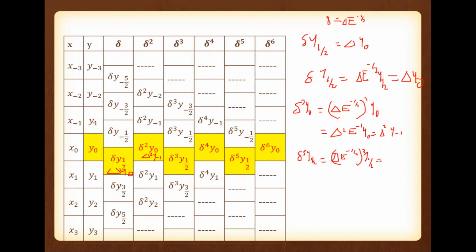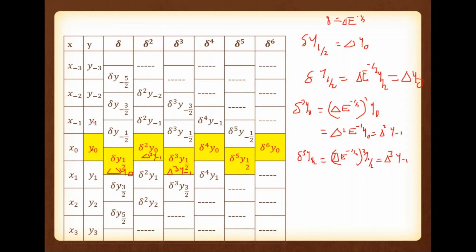So if you are solving this, this one is delta cube, then now this one will become e raised to minus 3 by 2, this is 1 by 2. So e raised to minus 2 by 2, that is y minus 1. So this is delta cube y minus 1. So this term is delta cube y minus 1.